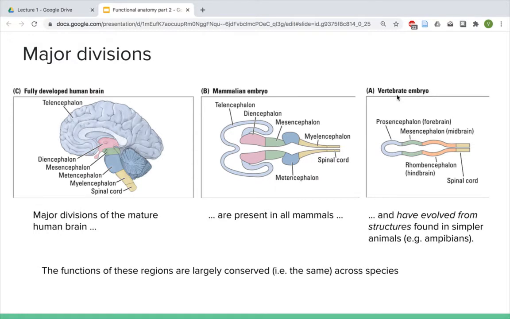And in fact, these parts of the developed mammalian brain evolved from simpler structures that are present in current day species like reptiles. So these names and this organization wasn't just totally made up. It comes from a very evolutionarily motivated place. It allows us to compare the anatomy across species, even in vastly different species.